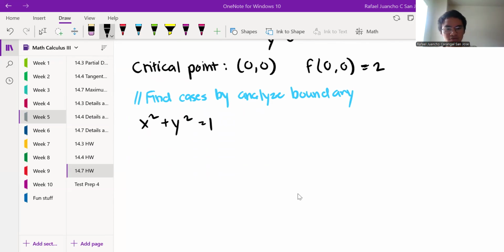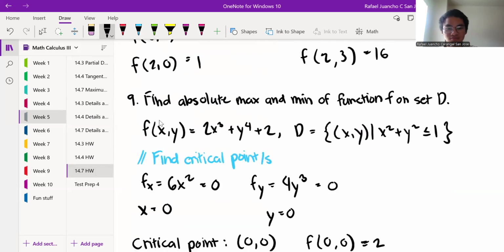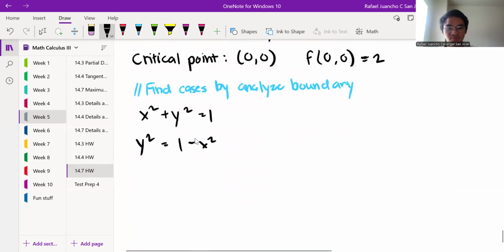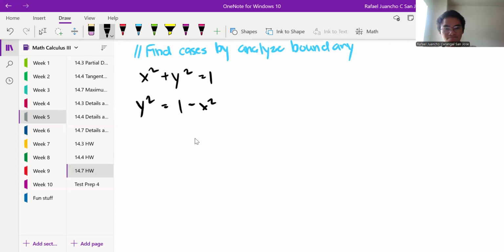We can say, okay, y squared is equal to 1 minus x squared. You could do that. We could substitute that into f of x, y here.